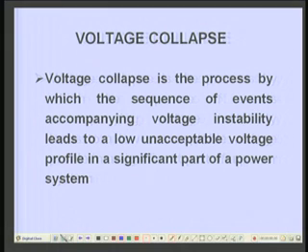This is a very general definition. When this happens, we say that the voltage collapse has taken place. In fact, voltage instability and voltage collapse are considered to be synonyms.